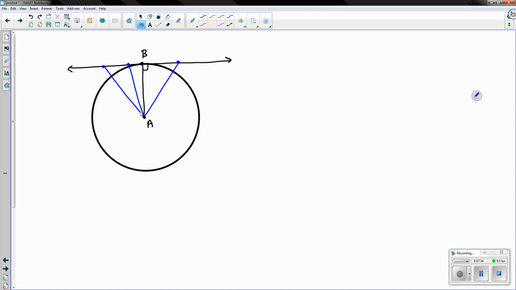And the reason why they're all on the exterior for sure is because if we know A to B runs perpendicular to that line, those blue lines I've introduced, you can see that there are these right triangles that form. And those blue lines always happen to represent the hypotenuse of the right triangle.